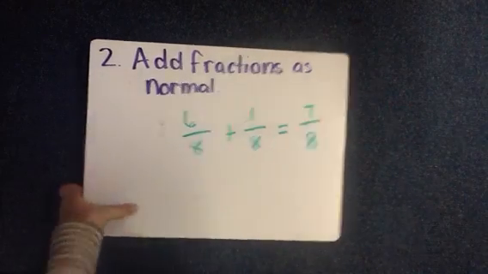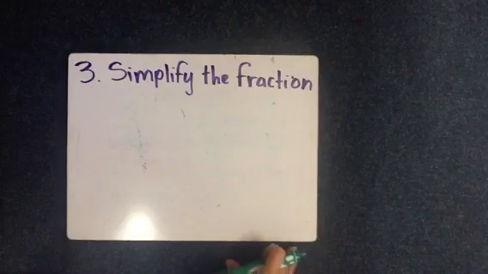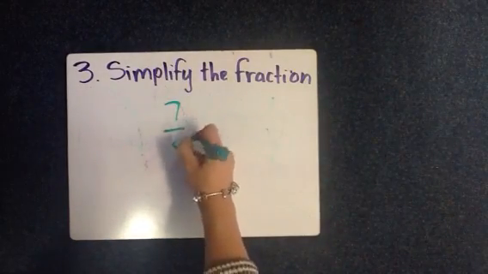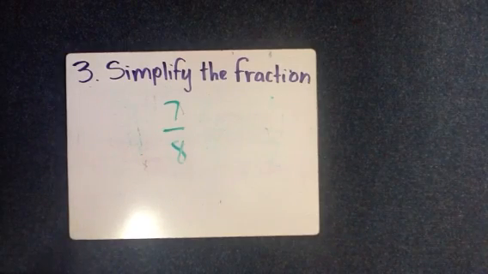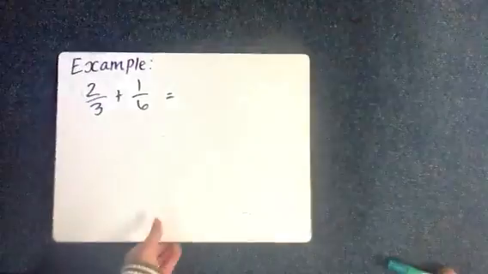The third step, which is the same step when we're doing anything with fractions, is to simplify the fraction. But as you know, 7/8 cannot be simplified, so we don't have to do the third step in this case. I'm going to do an example with you now, and then I'm going to give you 3 to do on your own.